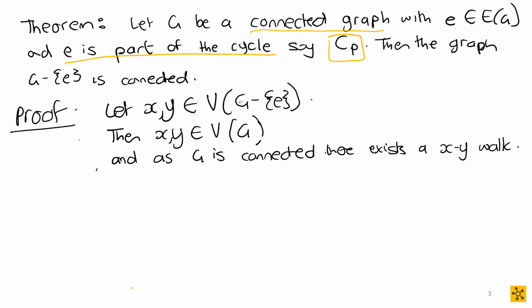So in that regard, it is a walk. We need to find this xy walk in the G minus e graph, which means we have to introduce things to explain this general walk. So we introduce two vertices in the graph where we remove the edge, and we say, hey, those vertices are actually in our original graph. But we're also told that our original graph is connected. And we know by the definition of connected that if it's connected, then there is a walk between those two vertices.